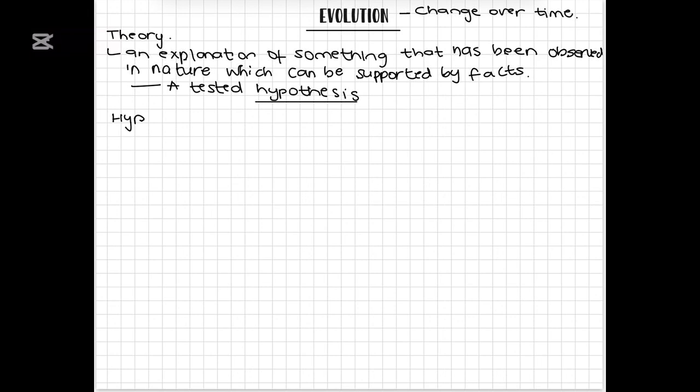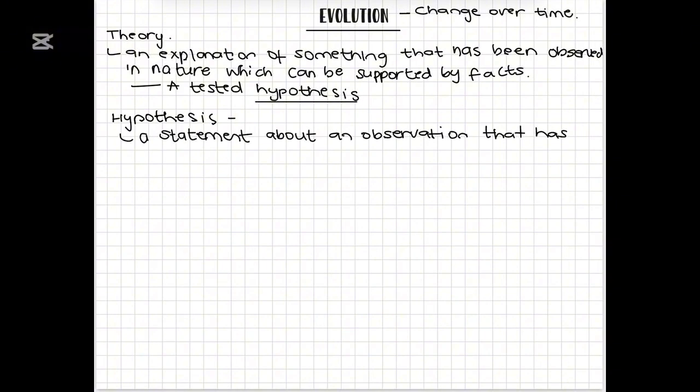This is a statement about an observation that has not yet been tested. Now that we've written that down, it is important for you to know the difference between a hypothesis and a theory as stated in the exam guidelines. Remember, we're trying to understand why evolution is a theory and not just a hypothesis.